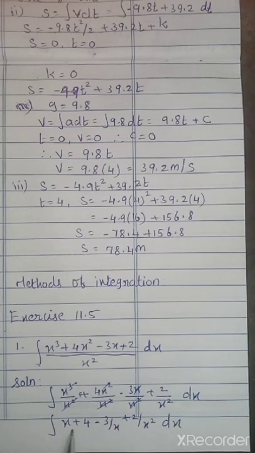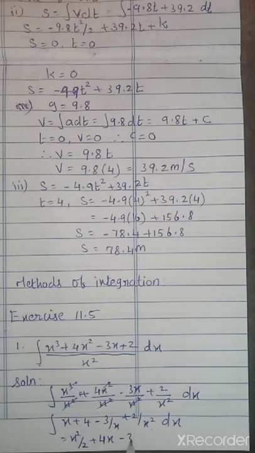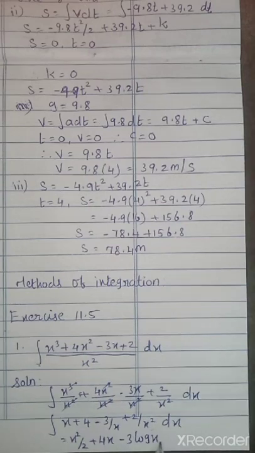Now we can integrate this one. Okay, so integration of x is x square by 2 plus integration of constant is 4x, then integration of 1 by x is log x, so minus 3 log x.